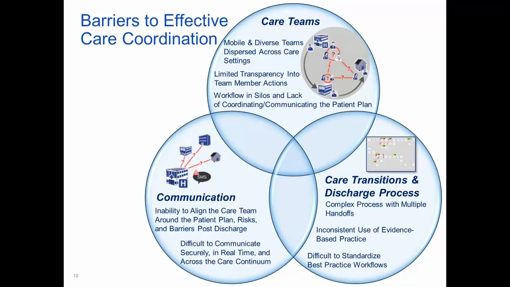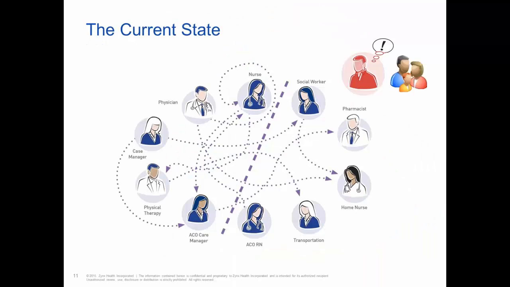This communication mechanism becomes critical because today, and I would suggest this is true of any electronic health record model, whether inpatient or ambulatory, it's very difficult to see at a glance, A, who's looking after this person, B, what the overall plan is, and C, for those things that we do know are risks or barriers, what the actual mechanism is or what interventions we are deploying to address those concepts. So at the end of the day, this somewhat simplified Venn diagram says, what is the sweet spot in the middle that helps us manage this phenomenon?